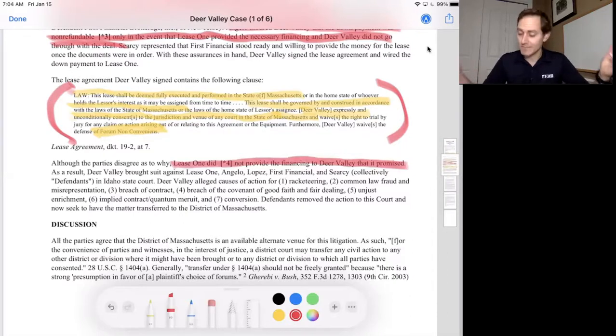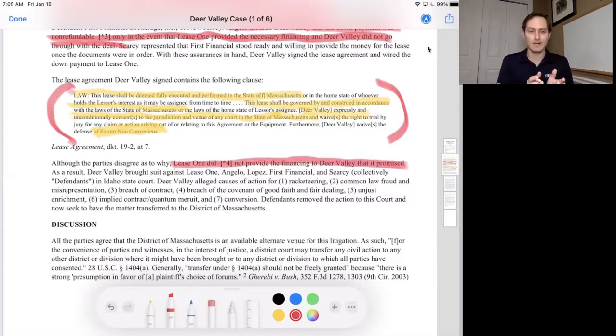But at the end of the day, they didn't finance the endeavor. And so Deer Valley sues. Interestingly, important lesson here: if you're a business making major contracts, talk to a dang attorney before you do this. This could have saved some real consternation.